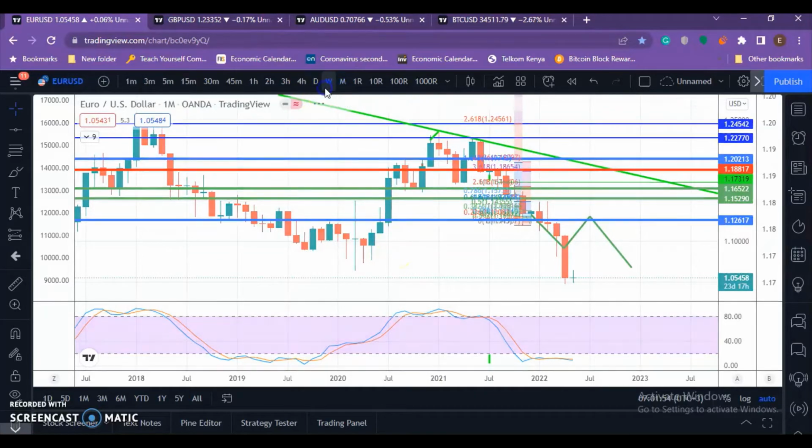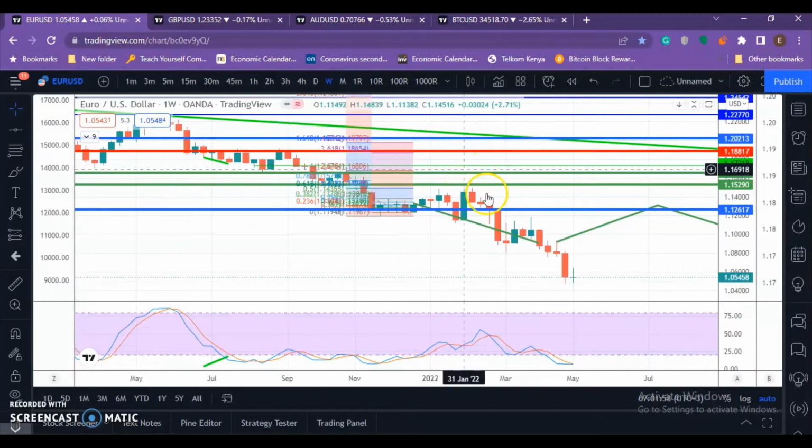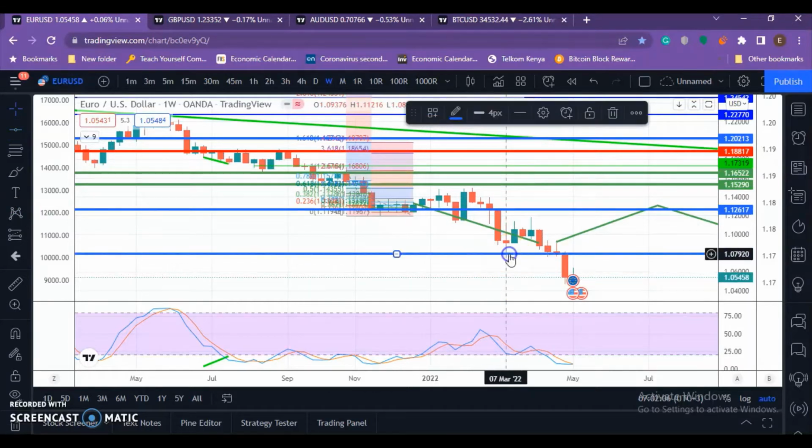Let's look at the weekly time frame. The weekly time frame shows if we break through this point right over here, we expect it to continue on the upside up to around 1.12. But on the flip side, if we use the Fibonacci tool, we expect it actually to reach almost 1.15 before we short it again.